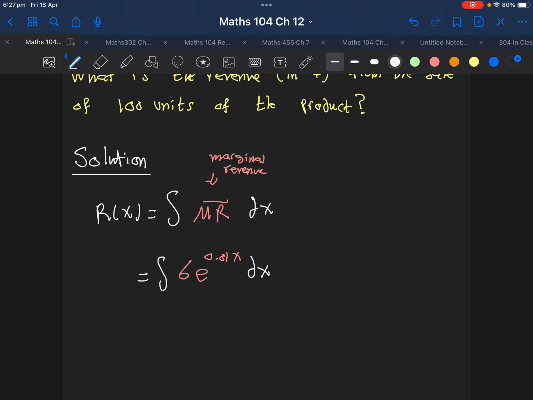How do we find such an integration? We already know how to find the integral of only e. If it's only e^x, we just write e^x. Now, if there is a number, we need to divide by this number. So it will be 6 over 0.01, and the e will stay the same. Of course, plus D.